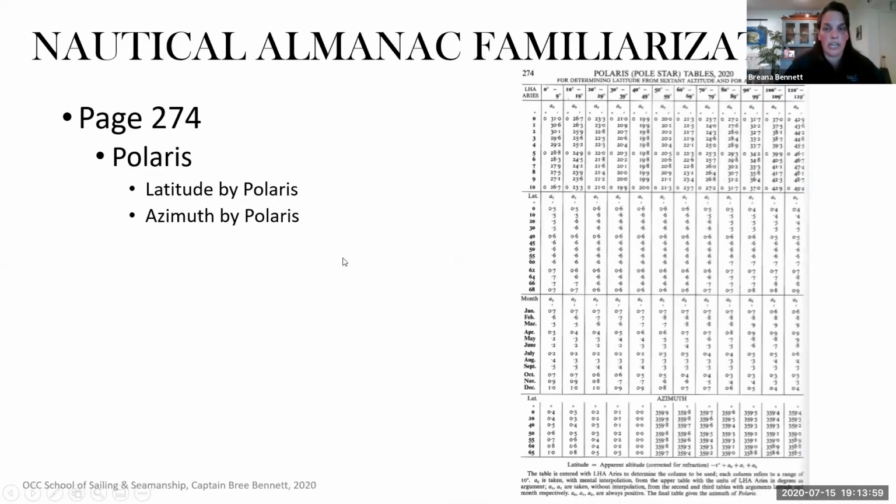Anyways, okay. Page 274 goes into our Polaris tables. So Polaris, our North Star, we can get a lot of information from our North Star. The first one is, just like our quick calculation for high noon, we can get latitude by noon very easily without doing that big long site reduction form.